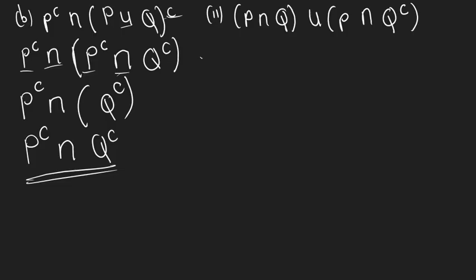So we have P intersection Q union P intersection Q complement. We know that this is already in simplified form, because P minus Q is the same as P intersection Q complement.